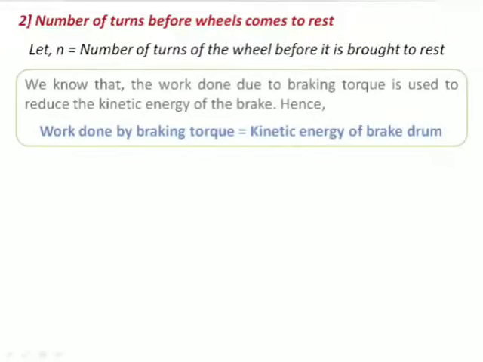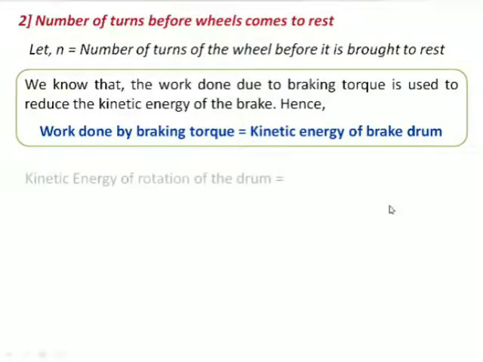Let small n equal the number of turns of the wheel before it is brought to rest. We know that the work done due to braking torque is used to reduce the kinetic energy of the brake drum to 0. Hence, work done by the braking torque should be equal to the kinetic energy of the drum. So let us find the kinetic energy of the brake drum. When we have this radius of gyration, we need to use that relation for finding the kinetic energy.